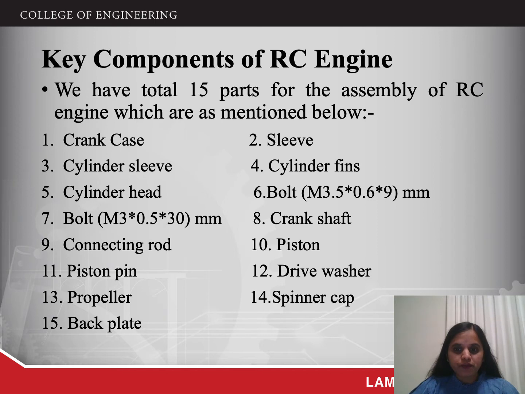The first is of size M3.5 x 0.6 x 9 mm. The second bolt is M3 x 0.5 x 30 mm. After that, crankshaft, connecting rod, piston pin, drive washer, propeller, spinner cap, backplate. These are all the parts we have used for the RC engine.